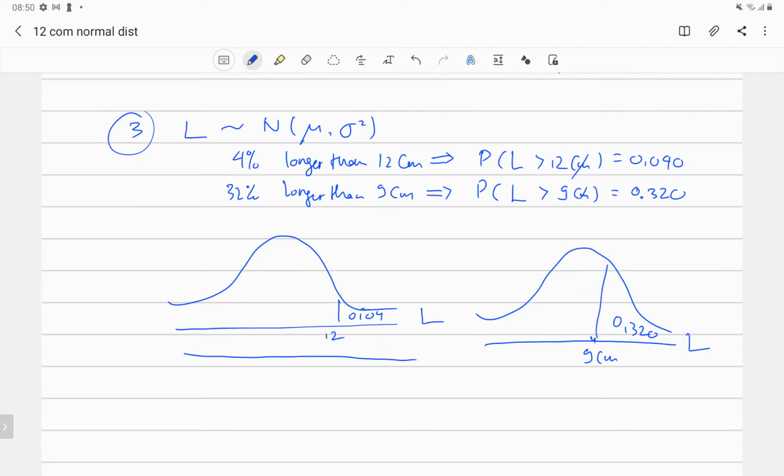Same with the one here on the right-hand side. 0.320 is what we know to the right side. Our table can only find numbers to the left, but the area to the left will be 1 minus 0.320, or 0.680.